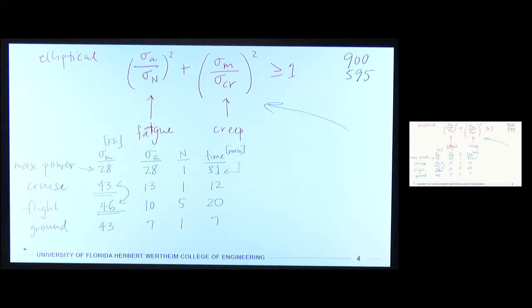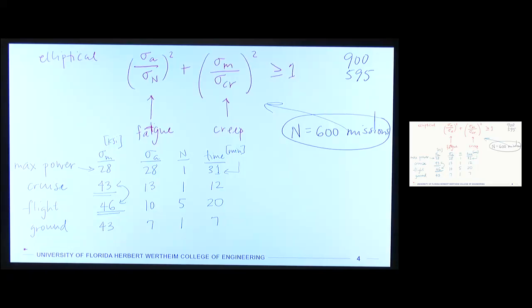So that's what I started with. I said, okay, if we're starting with the situation of 600 missions, because I thought it would be relatively conservative compared with what we calculated before, then I used the 2 aspects of this to come up with these ratios to then see if they would be greater than or equal to 1. Okay, so I'm going to walk through how to do that.